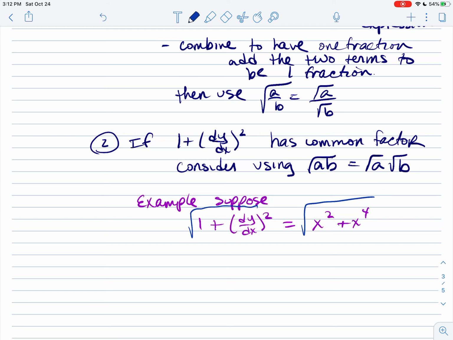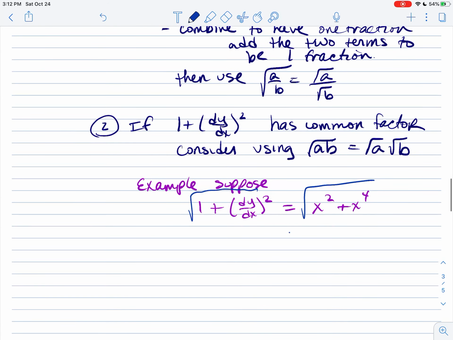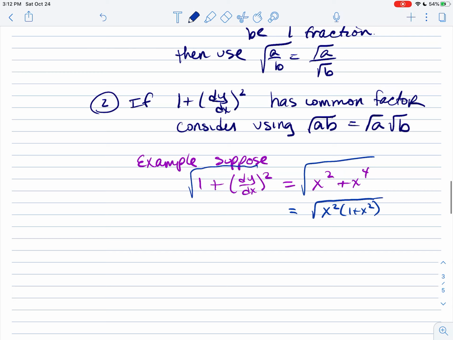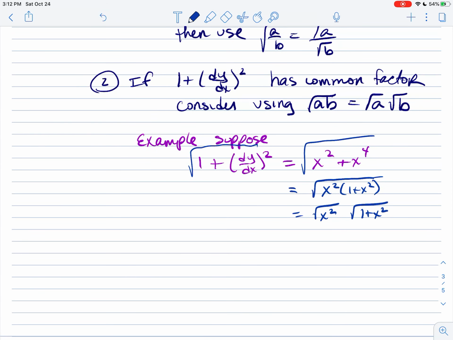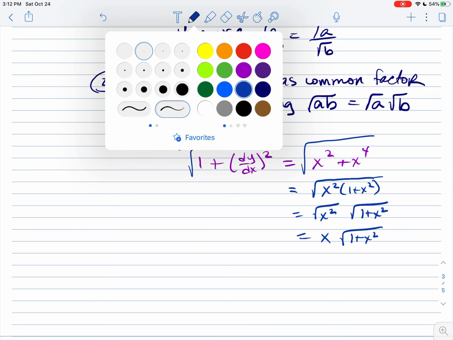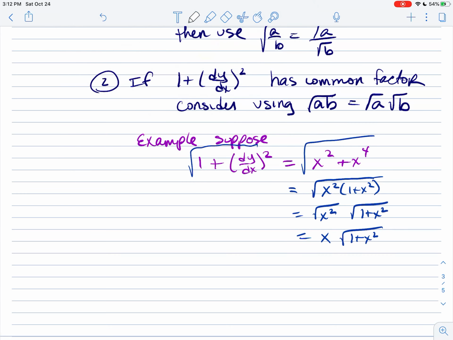My next step is going to be put that thing into an integral. And how am I going to integrate that? And so I want to set myself up for an easy integral. So I would say that this is equal to x squared times 1 plus x squared, right? Just factoring it out, and then using my radical properties, that's the square root of x squared times the square root of 1 plus x squared, and that's going to be x times the square root of 1 plus x squared.